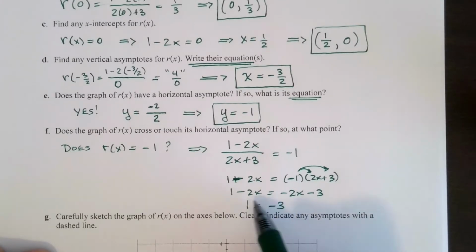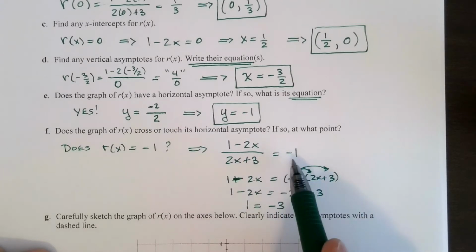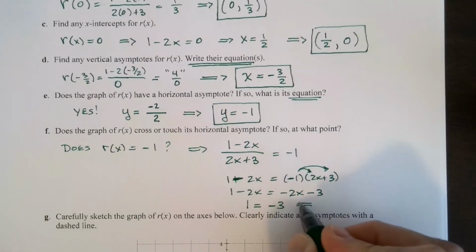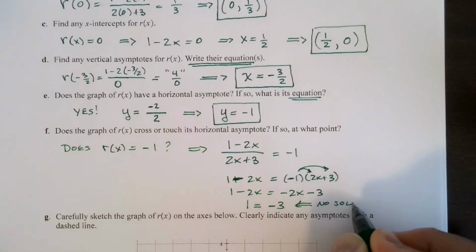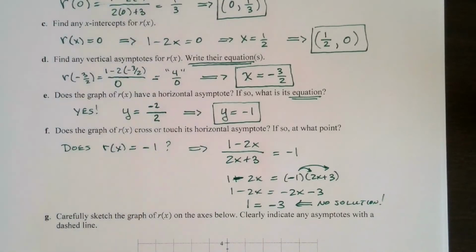It simply means there is no value of x that I can find such that this is equal to negative 1. There is no solution to this equation. No solution, because clearly 1 does not equal negative 3.